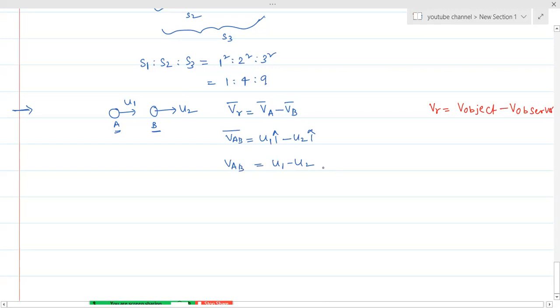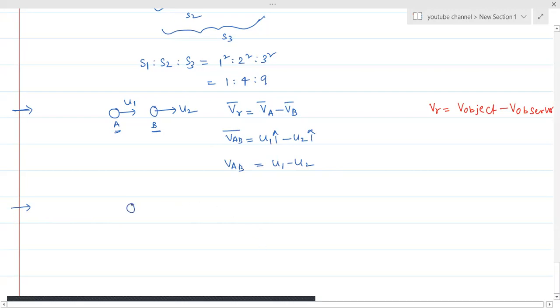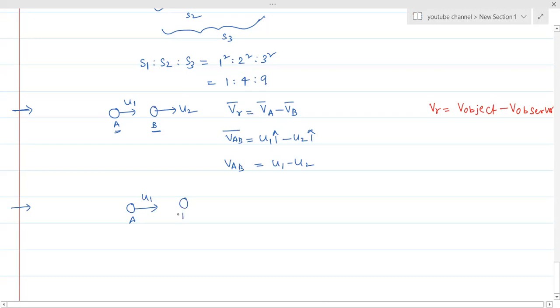So this relative velocity is also important for the understanding of horizontal motion. So this we will use when two bodies are under consideration and moving simultaneously. So in that case, we will use the relative velocity. Suppose we are taking the body A moving with the speed u1 and the body B moving with the speed u2, in the opposite direction, like this.